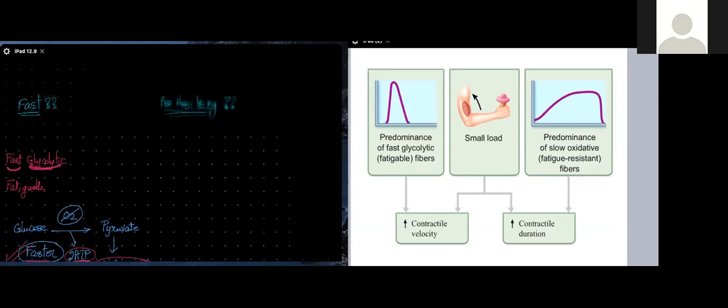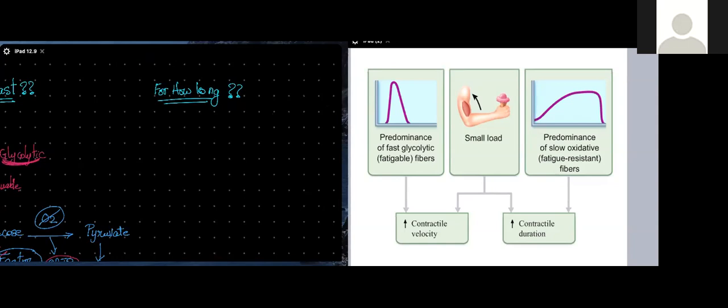The other type of my muscle fibers is going to be slow oxidative muscle fibers. So those are slow oxidative muscle fibers.